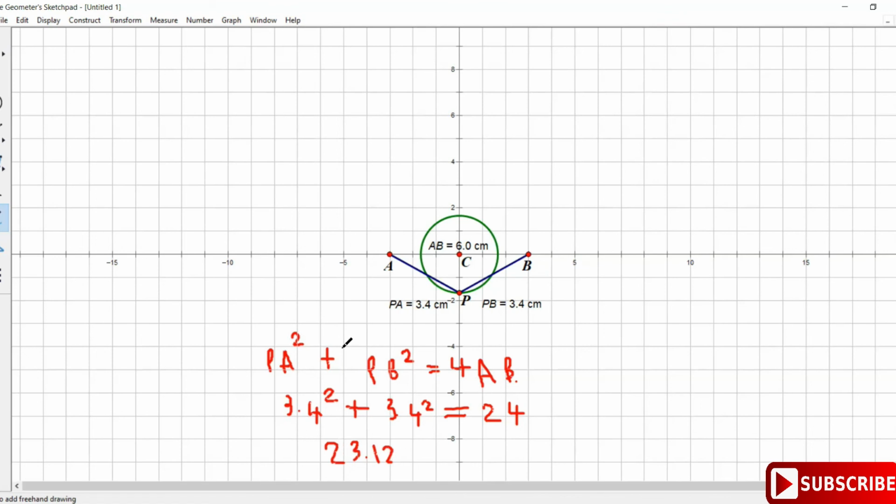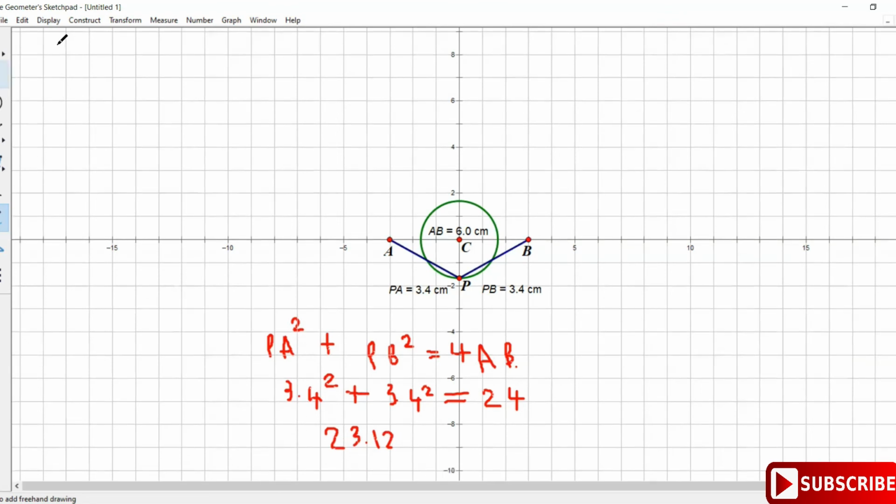But this is roughly 24. They're roughly the same, so it's approximately this. Why? Because this distance was rounded off. I put everything to 1 centimeter, and so that threw off the calculations.